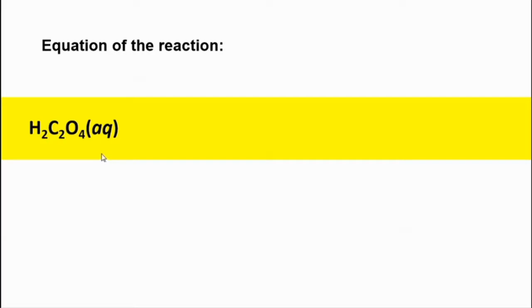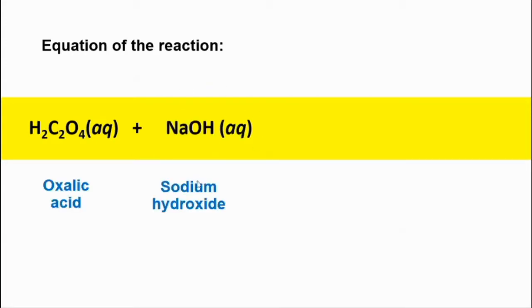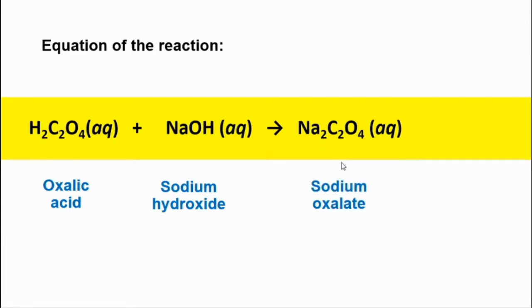You have pipetted 25 ml or 0.025 liters of this oxalic acid, and then this oxalic acid reacted with sodium hydroxide, and these are the products. You are going to get sodium oxalate and water.